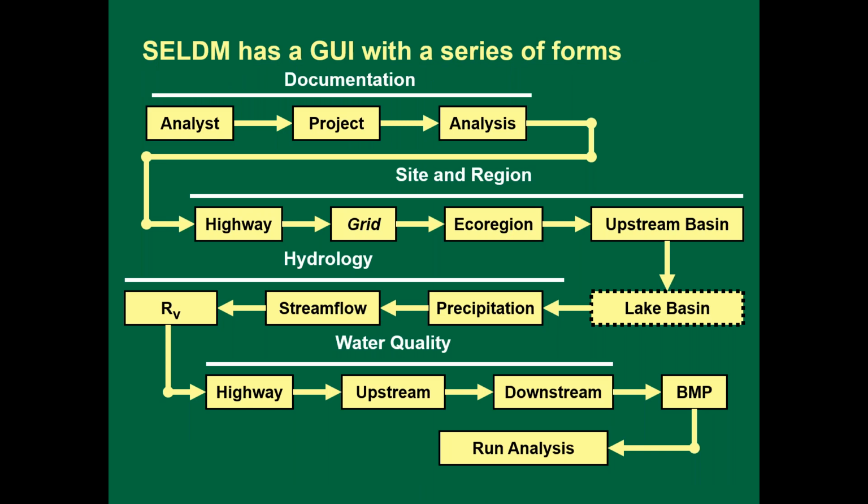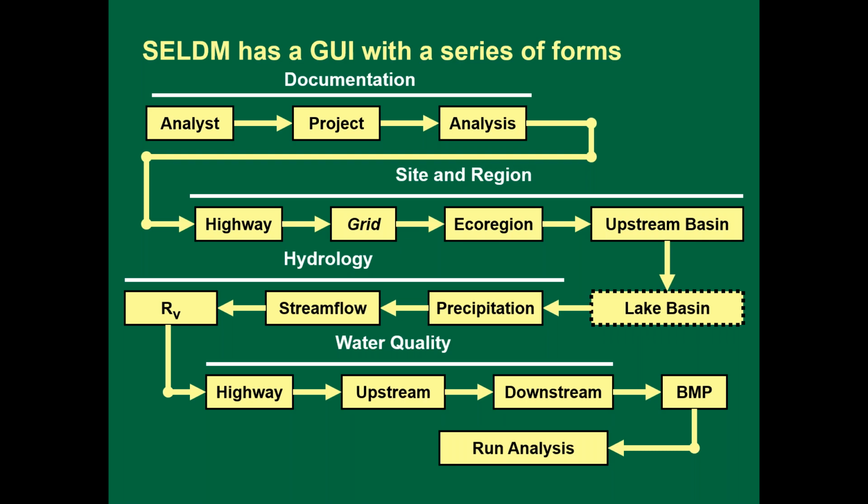So we've looked at this graphic a couple times. SELDM has the graphical user interface with a series of forms. We have our documentation forms and our site and region forms. Now, we put in our basin properties of the highway and the upstream basin to determine the hydrology of the sites. The ecoregion will give us precipitation and or upstream storm flow.